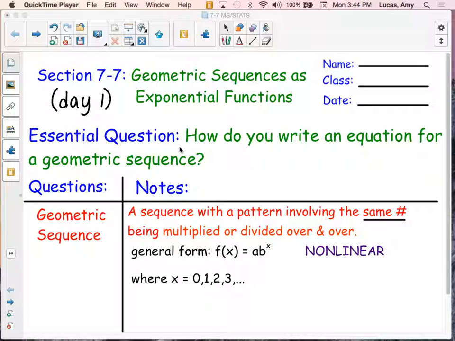And then notice that with our general form, it says where x equals 0, 1, 2, 3, and so on. So if we substitute 0 for x and solve that general form, that would give us the first term in the sequence. If we substitute 1 for x, that would give us the second term, and so on.